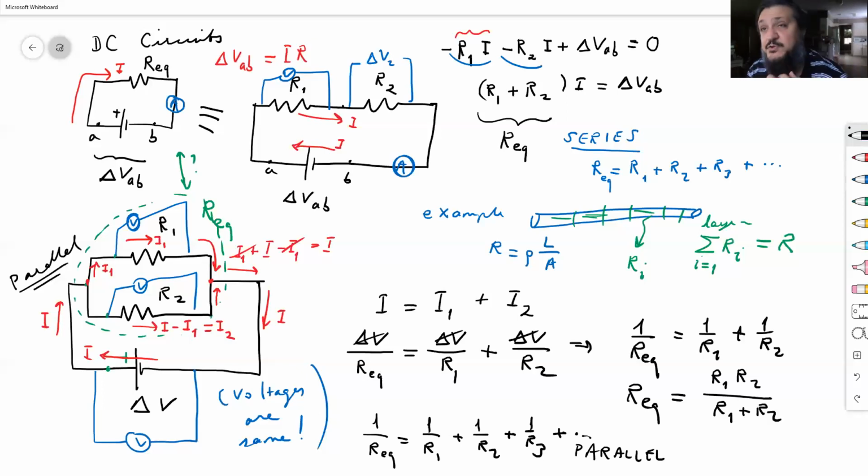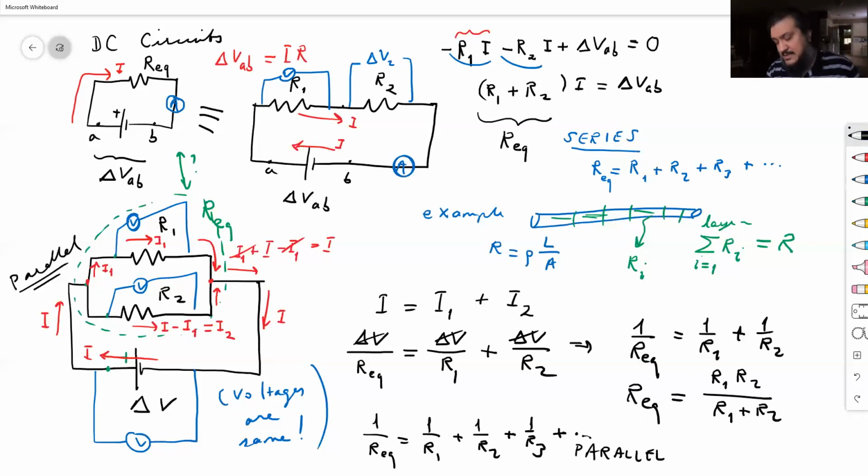Specifically, if you have two 10 ohm resistors and put them together in parallel, you get a 5 ohm resistor. Two 10s: 1 over 10 plus 1 over 10 is 2 over 10, therefore 5. If you put them in series, 10 plus 10 is 20.